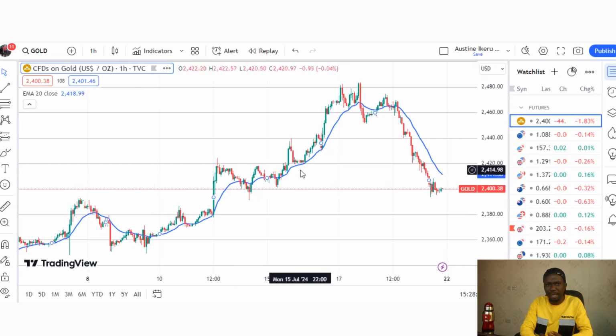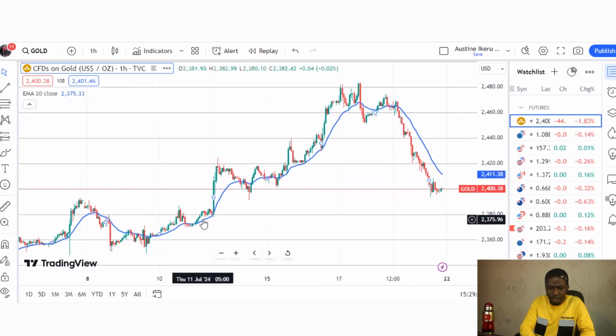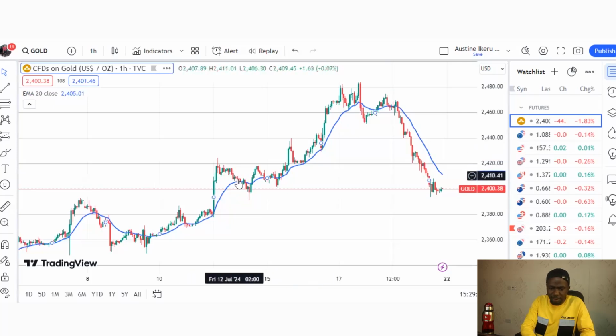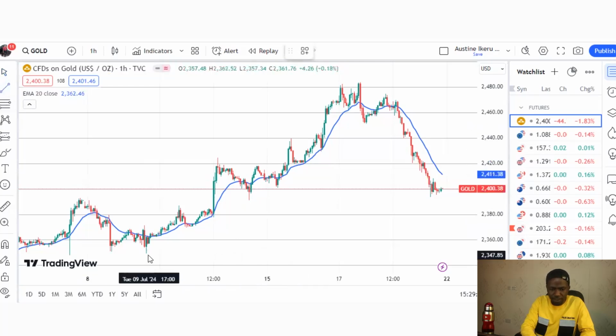So that is why I explained to you guys that you need a trend line in combination with the moving average. So in this scenario, you can clearly see that the directional movement of the market is up, but you can see that the price breaks below the moving average and still continues going up. So in this scenario, we simply plot our trend line and then connect the lows.